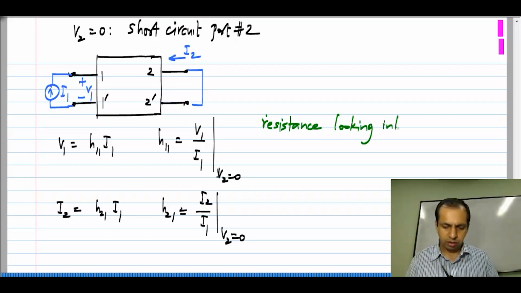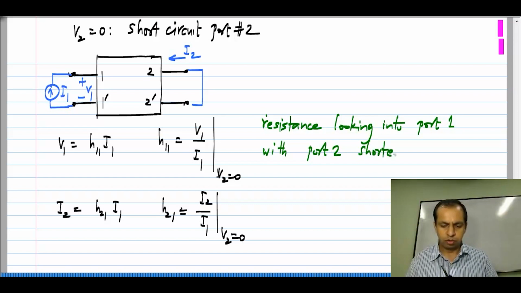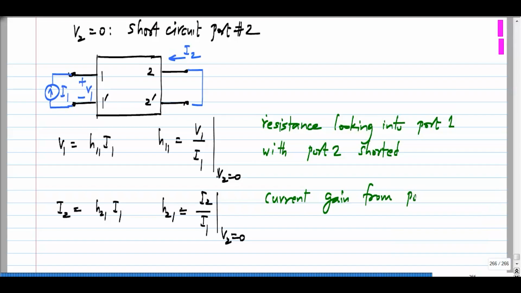The general principle is always the same.